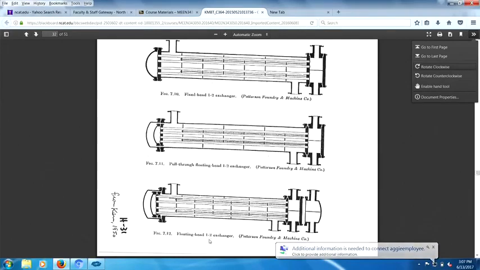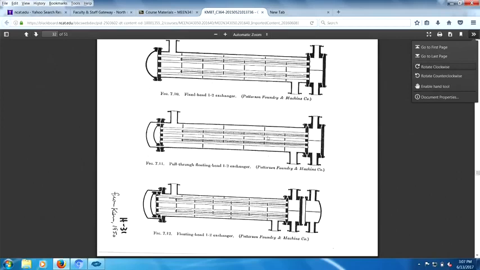This is floating head. This is a pull through, because you can pull it all the way through. It runs right on through. You do that in case you want to easily clean something, right? Say you have fouling.